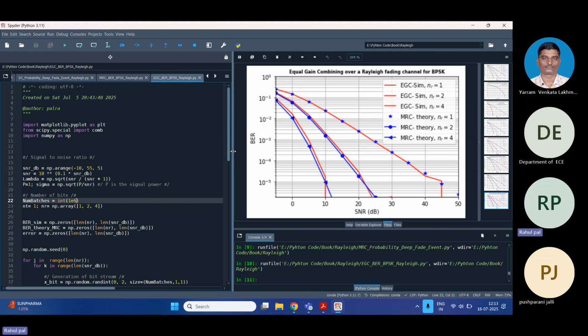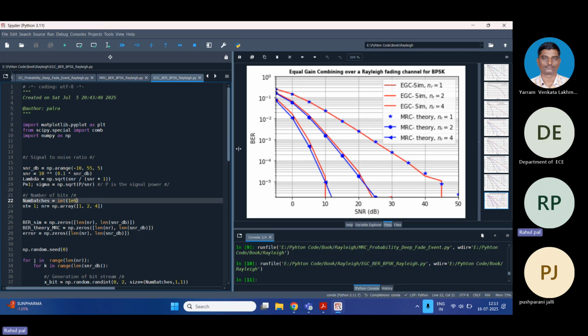Second one is maximum ratio combining. In the maximum ratio combining, all signals will be combined together in an optimal way. And in the equal gain combining, the signals are combined in such a way that the signals will be co-phase with each other. Okay.